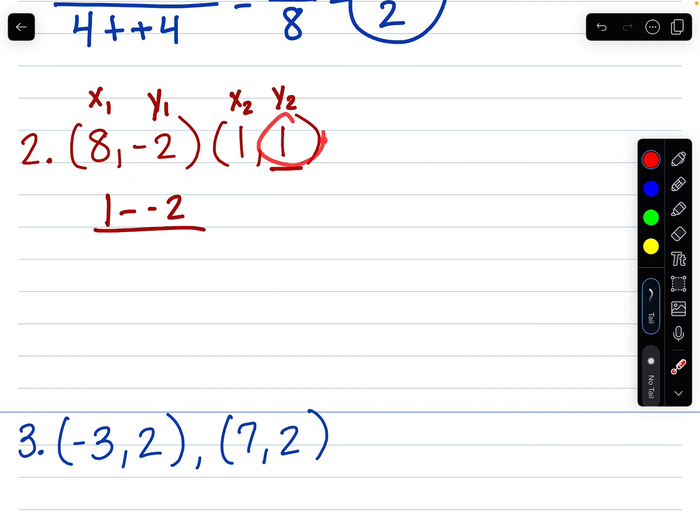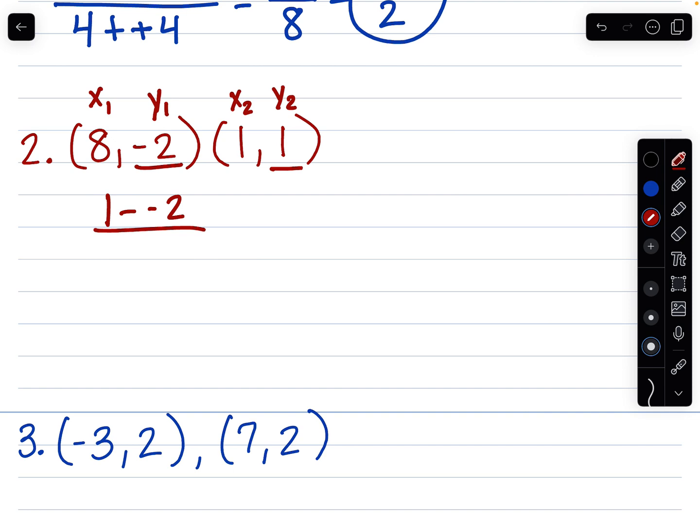I always start with the second one because I think it saves you from making mistakes. Here's what I'll tell you, Chisholm. If you choose to do -2 minus 1, then on the bottom, you would have to start with 8 and then subtract the other one. Okay? But I always start with the second one and then go to the first because it just saves from mistakes. Okay? So we did 1 minus -2.